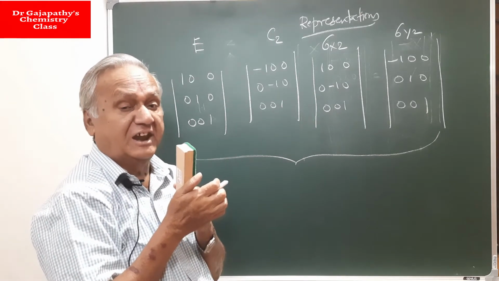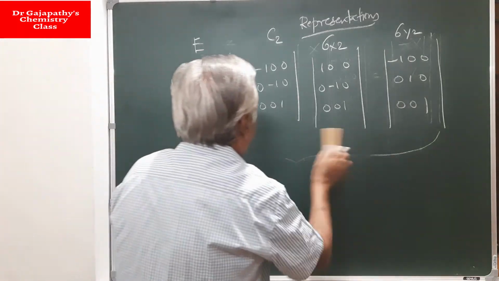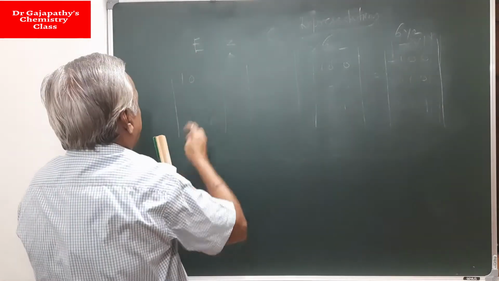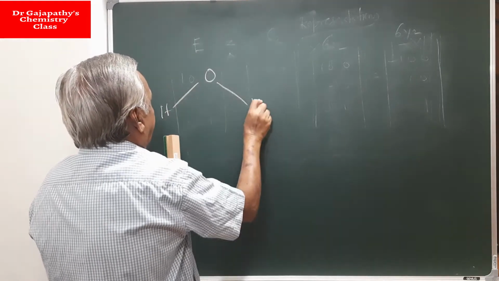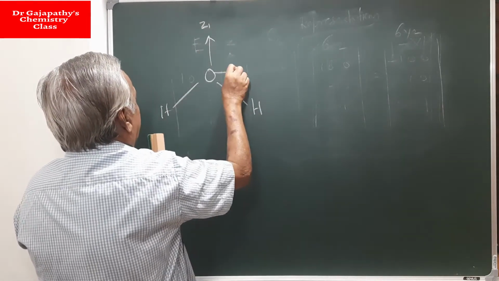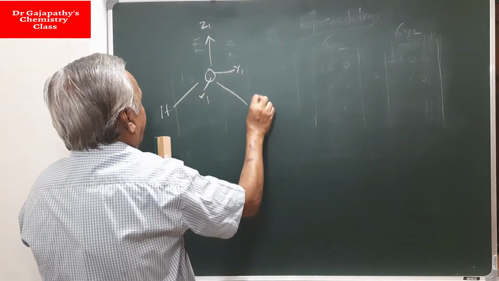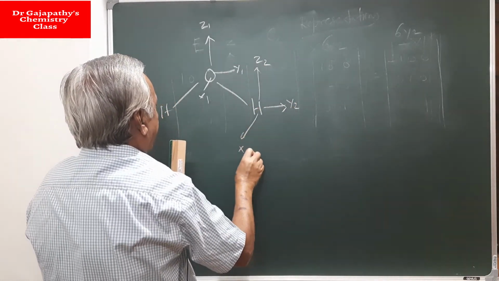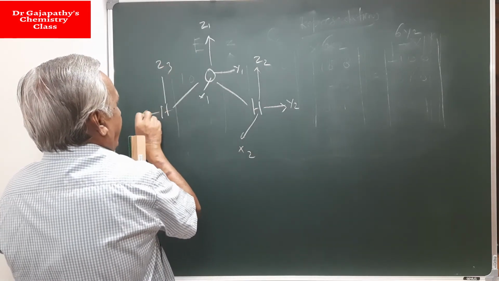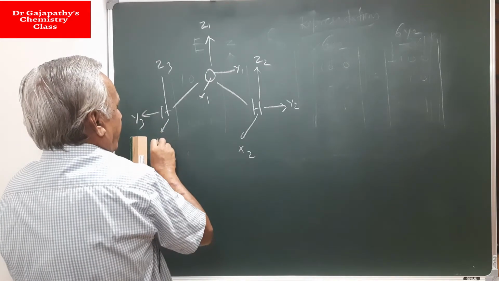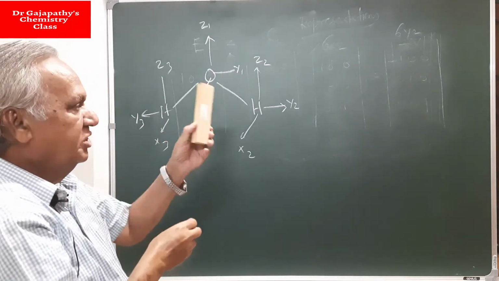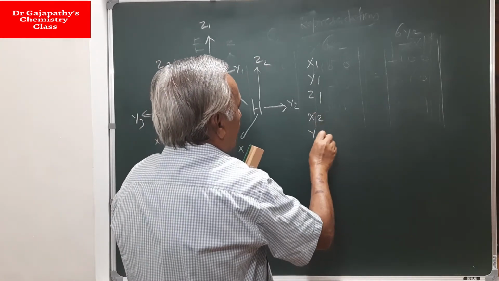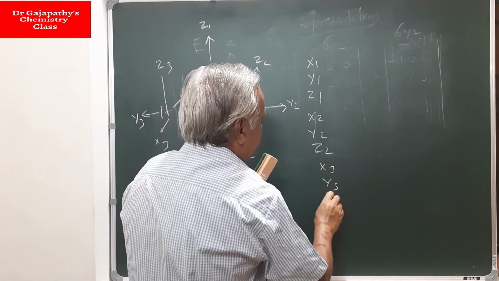If I assign coordinates to all the three atoms, namely, I assign coordinates to this, so my original coordinates are x1, y1, z1, x2, y2, z2, x3, y3, z3.